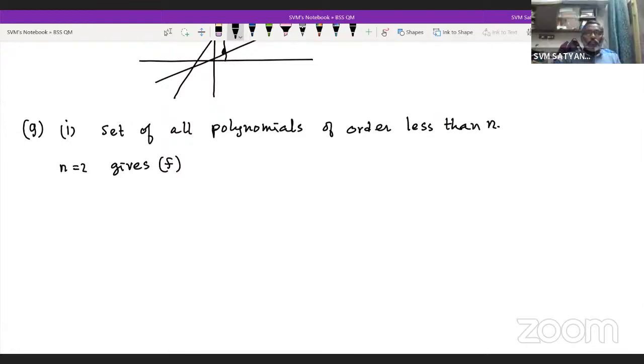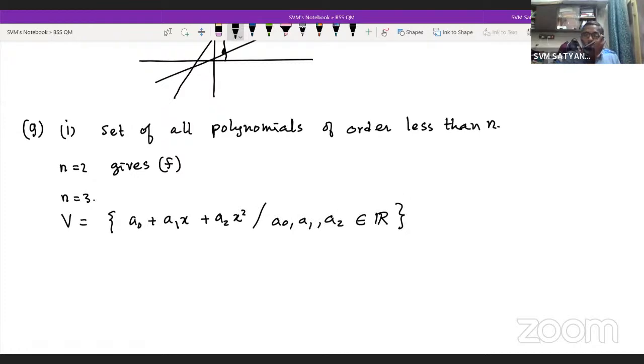Now, if you take n is equal to 3, my vector will be some a0 plus a1x plus a2x square, such that a0, a1, a2 are real numbers. Is it easy to find out what the dimension is now?